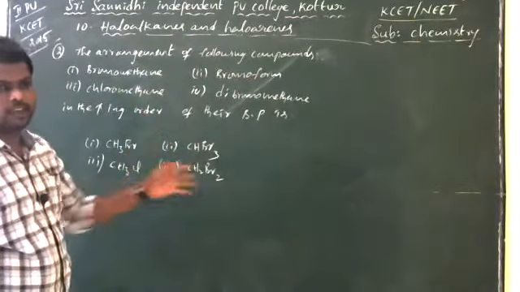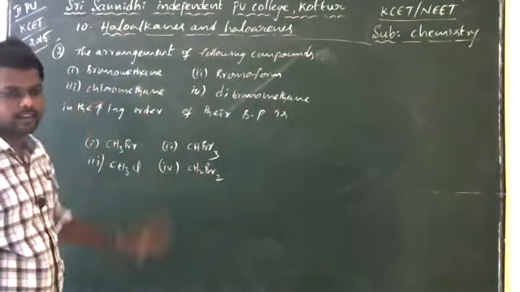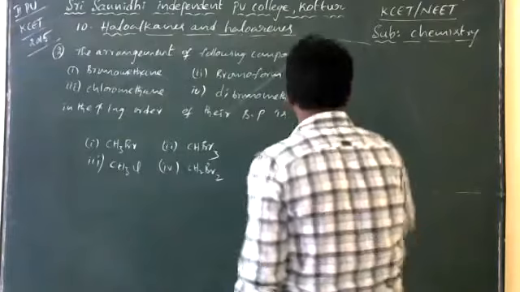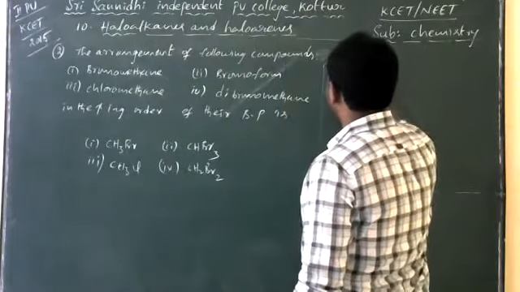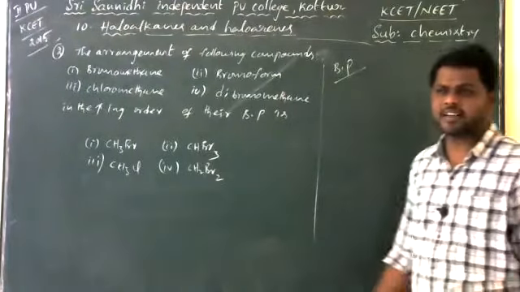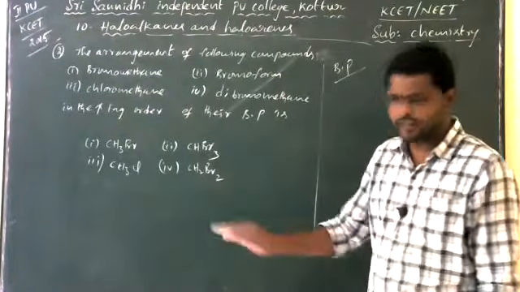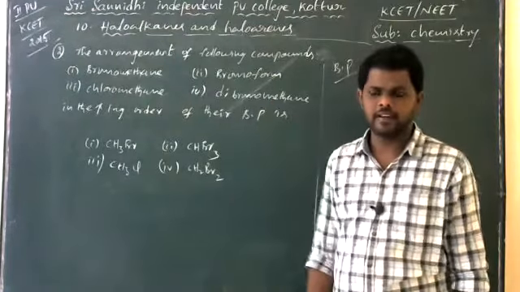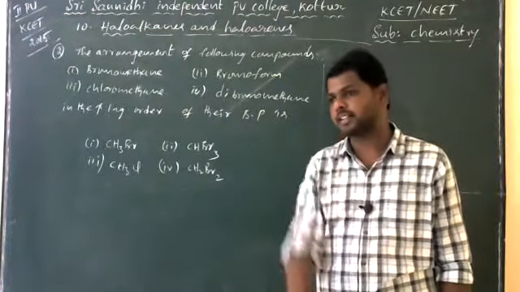Arrange which is more and which is less, in increasing order. You must remember one point: wherever you go in the boiling points concept in organic chemistry, alkanes, alkynes, any functional group, boiling points depend upon the mass.